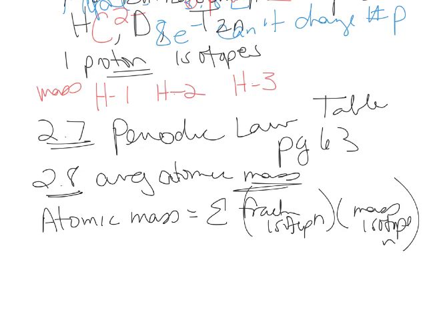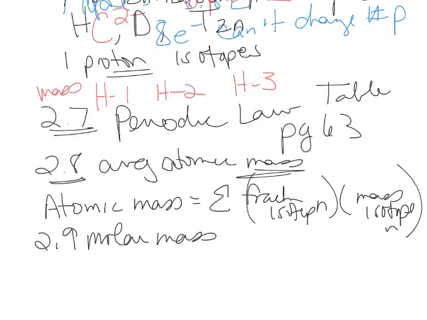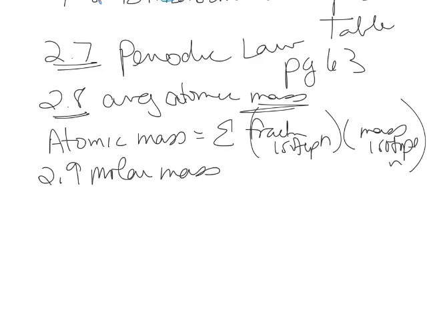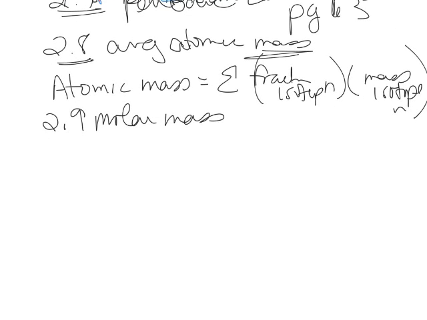The next thing I would focus on is section 2.9, molar mass, and how to use it. You need to be able to do molar mass and calculations. How do you do them? You're dealing with 1 mole equals whatever the number of grams, and that number comes from the periodic table.